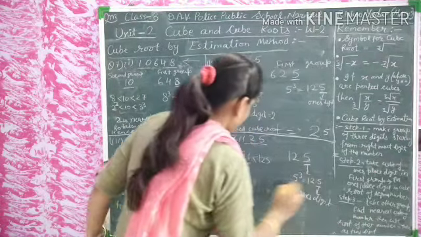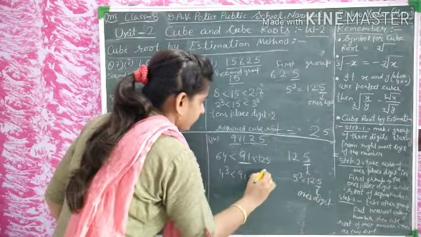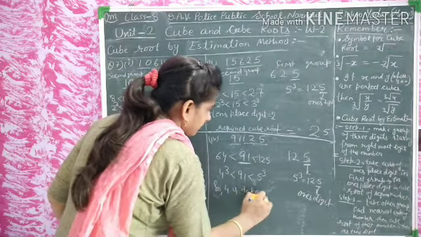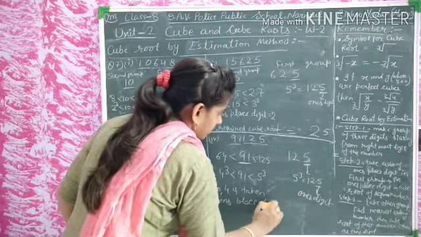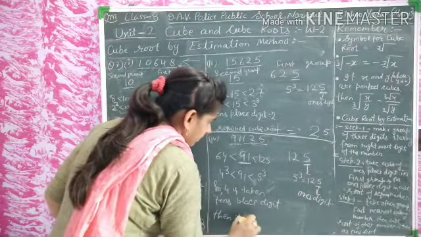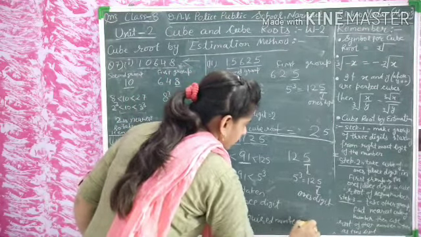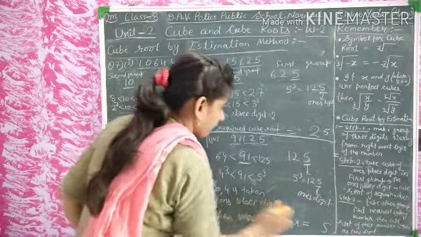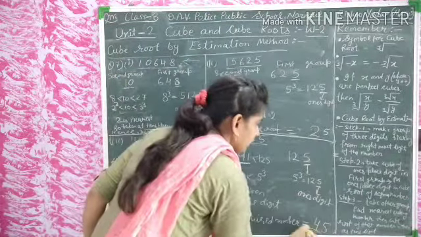At the tens place, 4 cube is less than 91, which is less than 5 cube, so 4 is taken as the tens place digit. Then the required number has 5 as the ones place digit and 4 as the tens place digit. So the required number is 45.